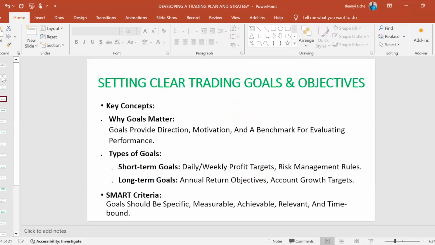So, key takeaways for today: we are looking at setting clear trading goals and objectives. Key concepts here cover why goals matter, types of goals, and of course the SMART criteria.